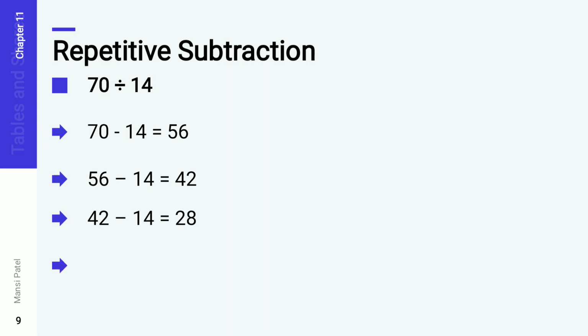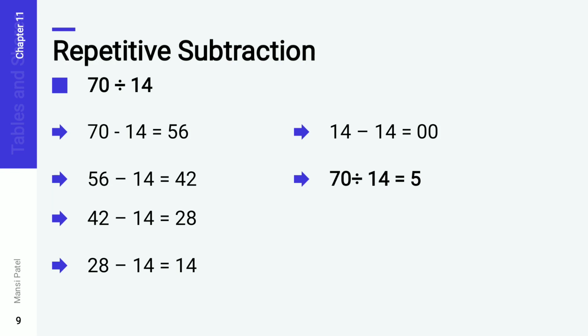Then again 28 minus 14, 14. And in the last 14 minus 14 is equal to 0. How many times did we subtract 14? 5 times. Therefore, we can say that 70 divided by 14 is equal to 5.